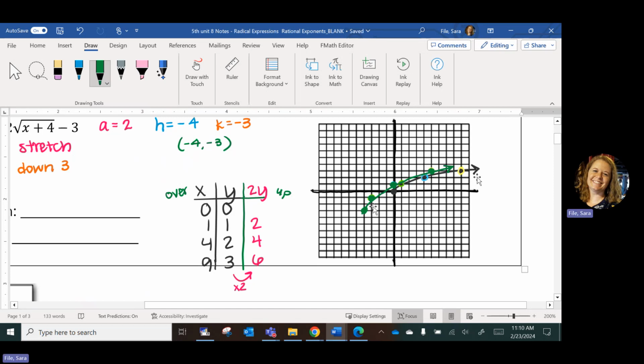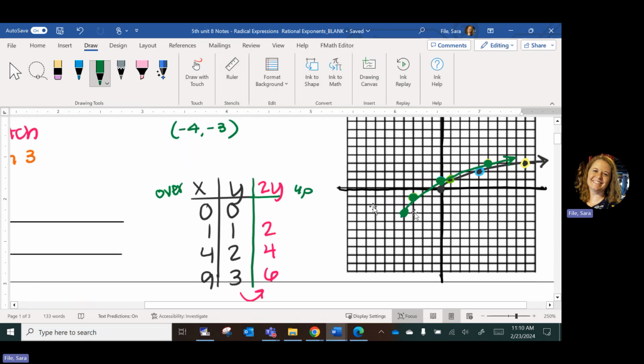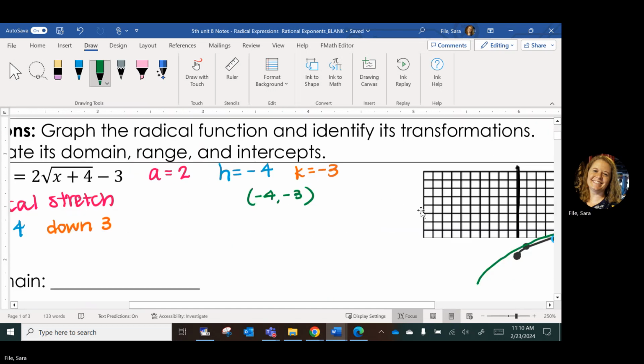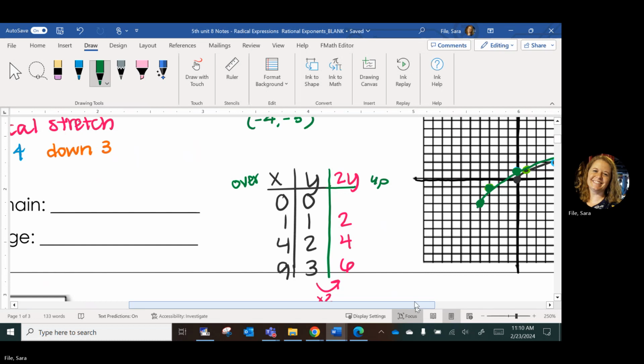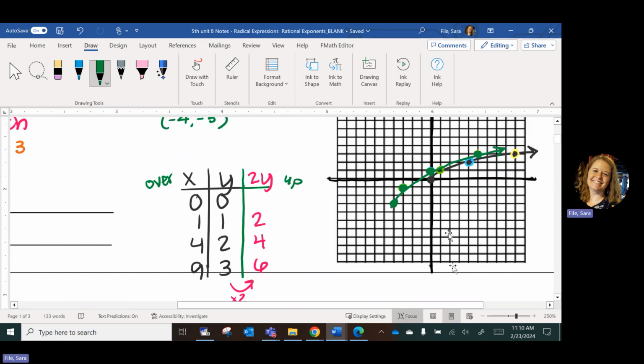Okay, another way to think of that vertical stretch. When you look at the change from the vertex to that very next point, if it's helpful to you to remember slope, like I know this is not a line, so we don't technically have a slope, okay, but when you're plotting that next point, slope is rise over run, isn't it?